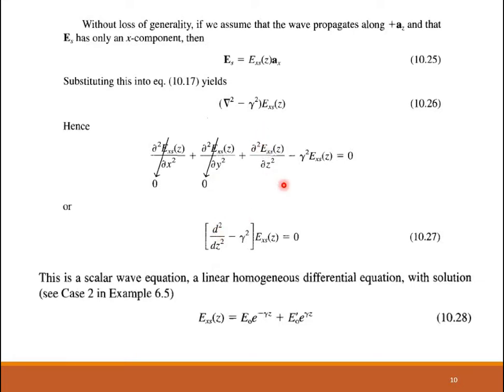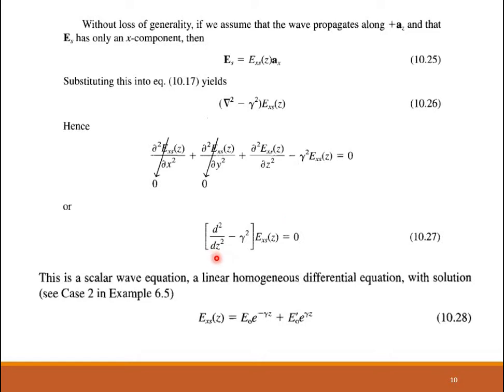So here what happens is, I've just changed the partial derivative to a full derivative. That's all. Dou square by dou z square minus gamma square of EXSZ is equal to 0. Okay, because there's only one component. So instead of dou, I've just written it as D.